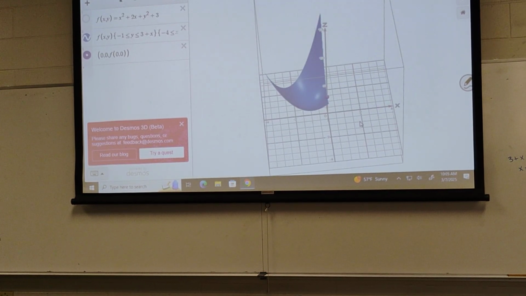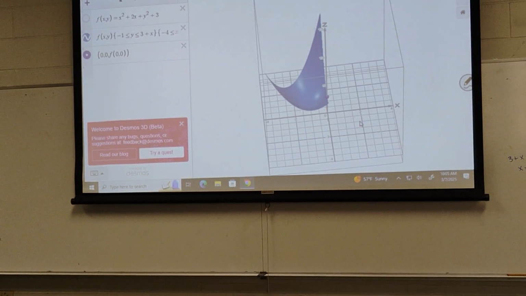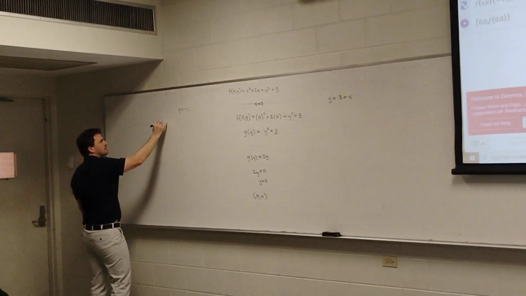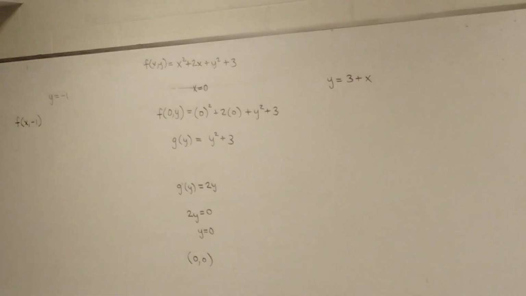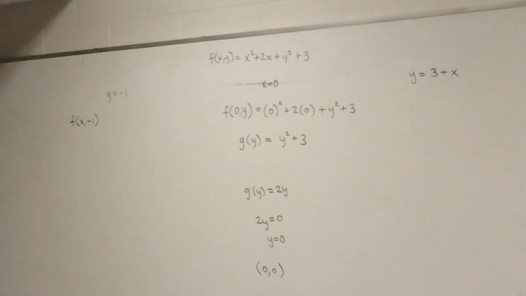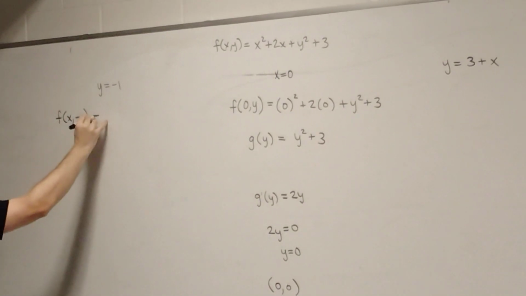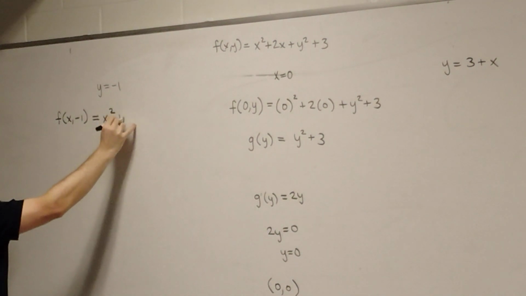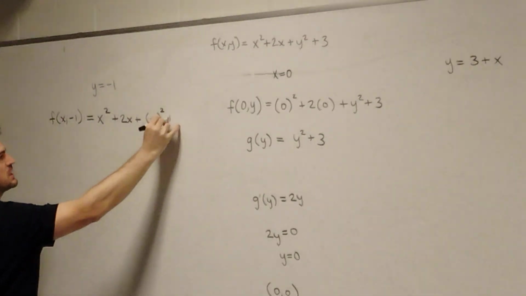So now let's go ahead and do y equals -1 together. So I've got f of x, comma, I'm letting y be -1. So all my x's stay the same, and y is going to be -1.